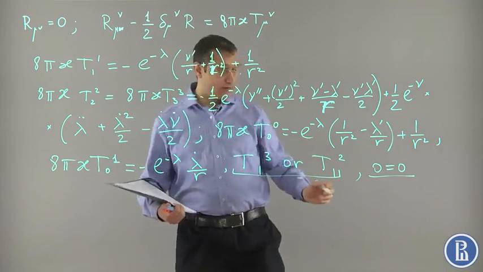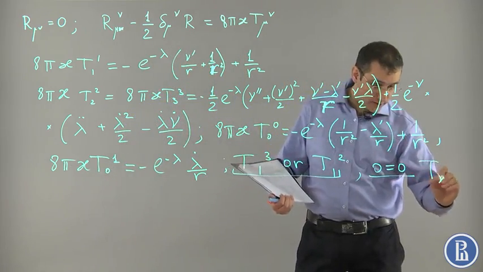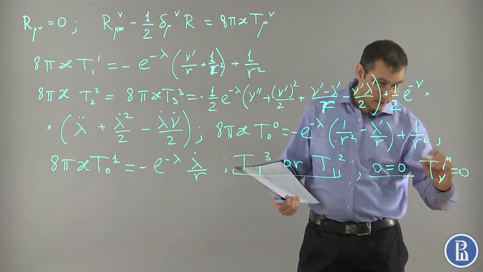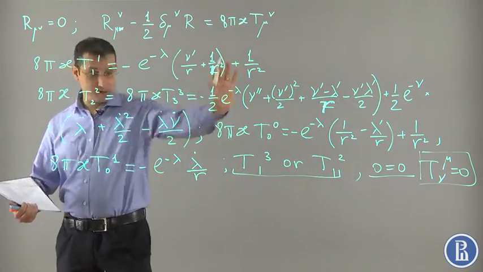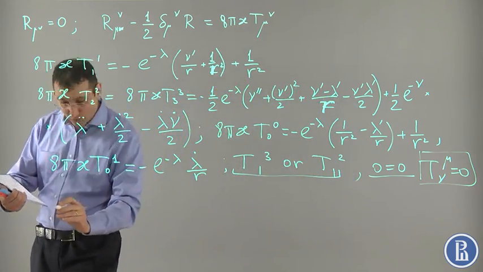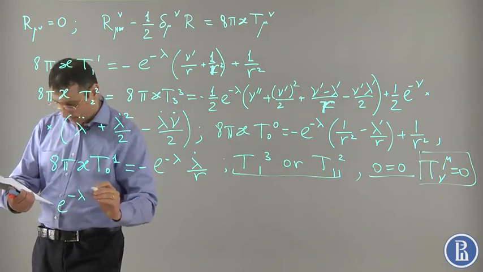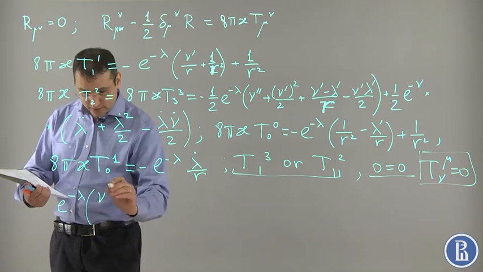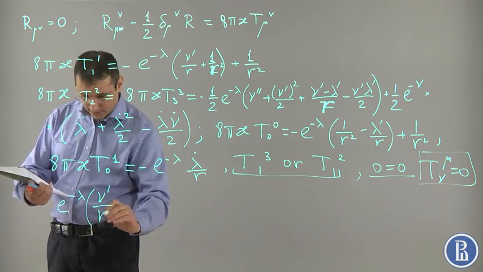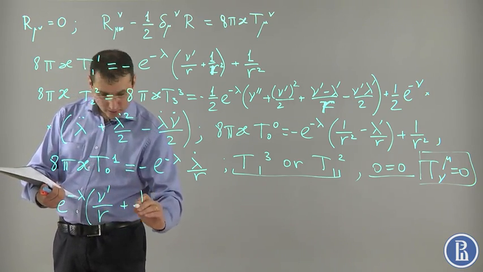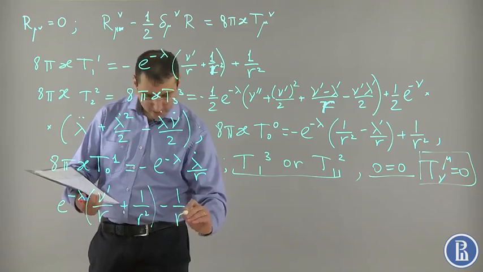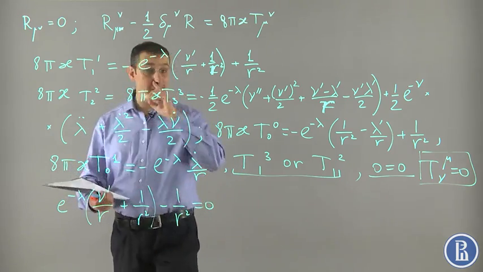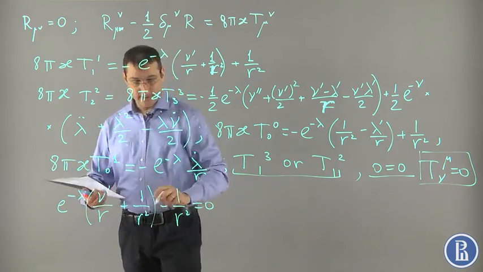So now, having written Einstein equations in this form for the given ansatz for the metric, we continue with the consideration of the case when T mu nu equals 0. When this is 0, these equations reduce to e to the power of minus lambda times nu prime over r plus 1 over r squared, minus 1 over r squared equals 0.